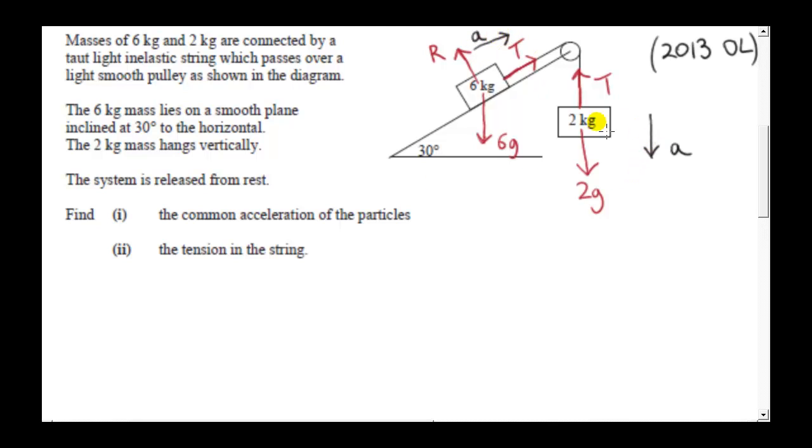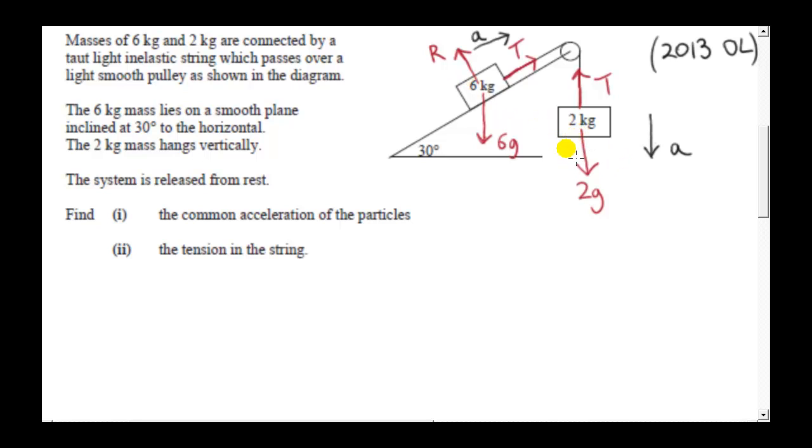Now we don't have to worry about getting these directions wrong, because there's no friction in this problem. You see, if friction came into this problem, we would have to consider a friction force opposing the acceleration of the 6 kilogram mass. And if the system was to move the other way, well, the friction force would be here. So the configuration would be different in both situations if friction was involved in this problem.